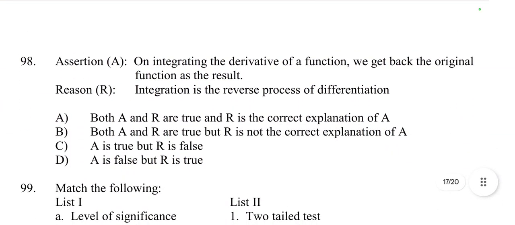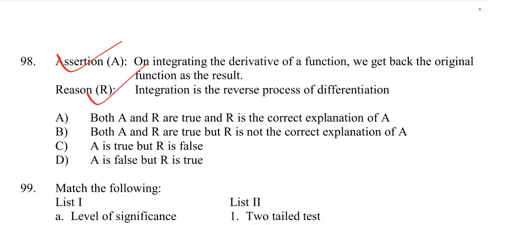Then come to question number 98. Assertion and reason based question. Assertion is, on integrating the derivative of a function, we get back the original function as a result. So here it says that integration is just the opposite process of derivation. This is correct. Then reason is, integration is the reverse process of differentiation.